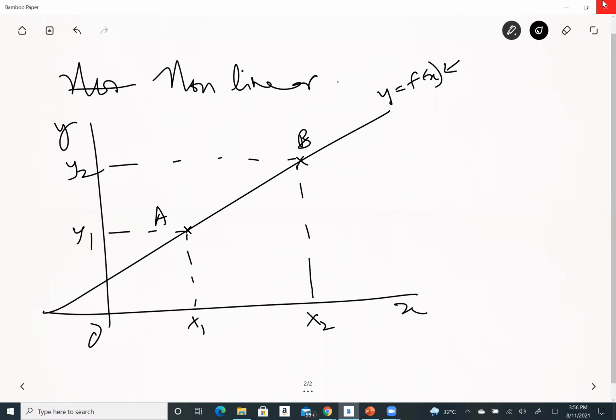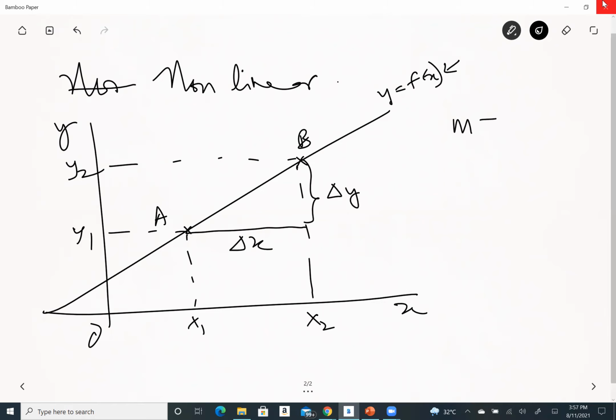As you know, delta x will be the change from x1 to x2. So that is delta x. Delta y is the change from y1 to y2. So you have delta y over delta x.